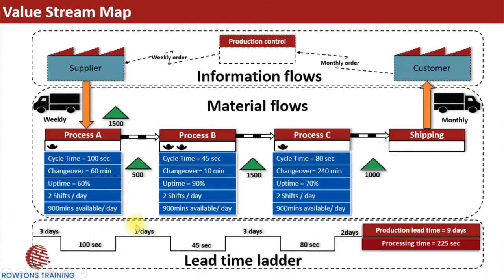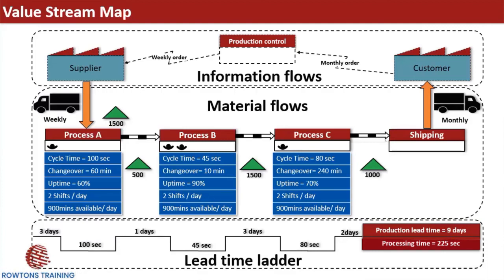Typically then it spends a day between process A and B before it gets processed in process B. Another 3 days of buffering between the processes typical here, processing, and typically 2 days spent in the finished goods inventory, the finished goods warehouse. So for an overall perspective, that could be a total production lead time or throughput time of 9 days, whereas the processing time, the sum of all the cycle times, is only 225 seconds. This would be a very typical scenario.